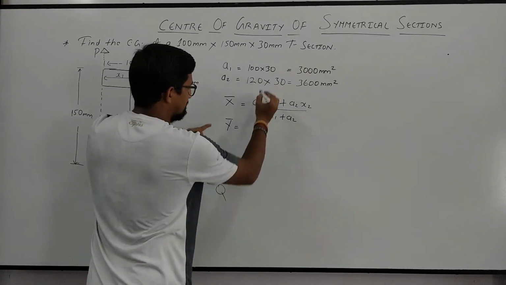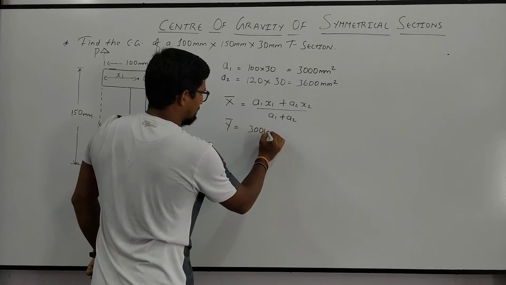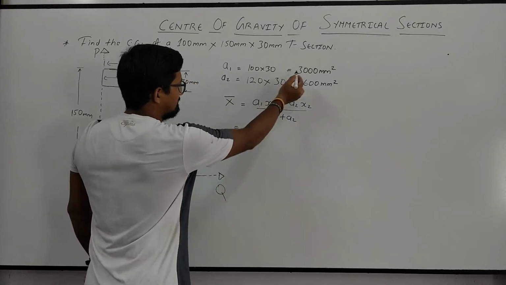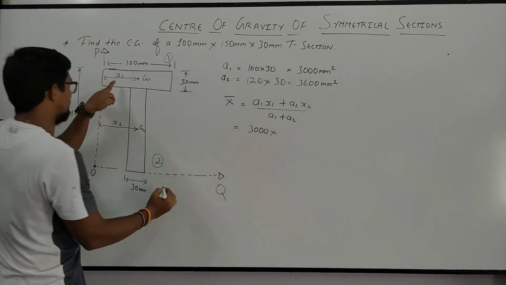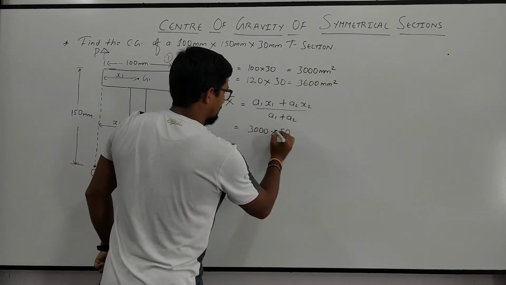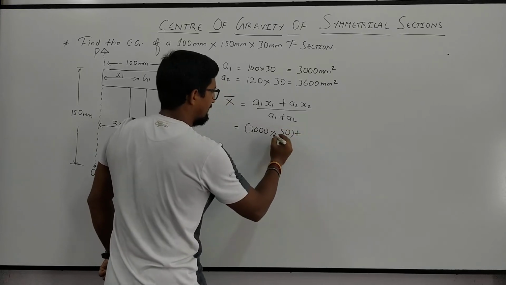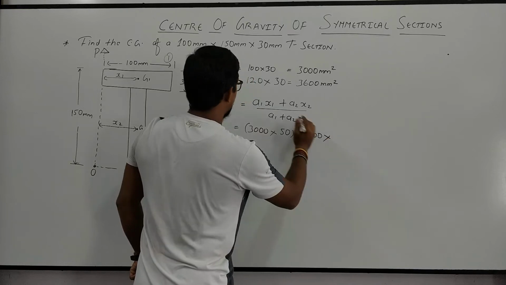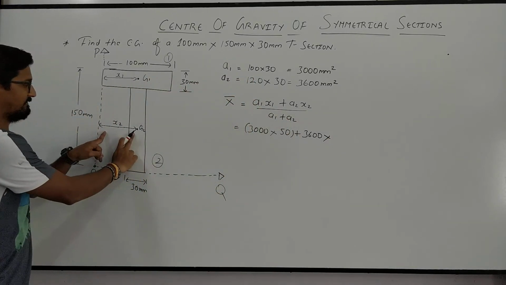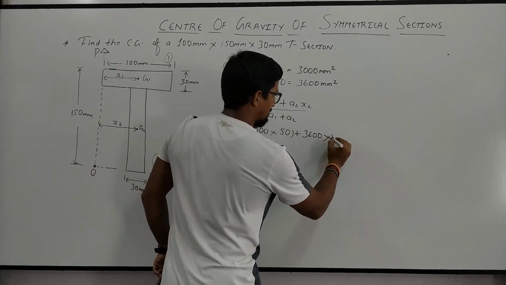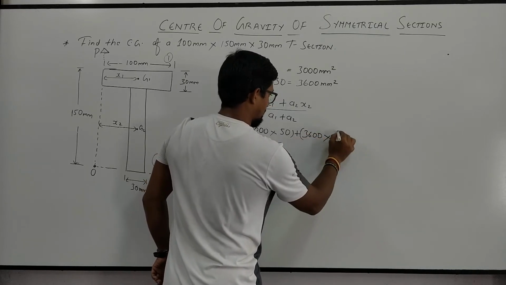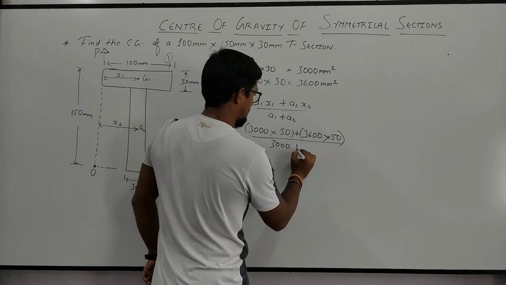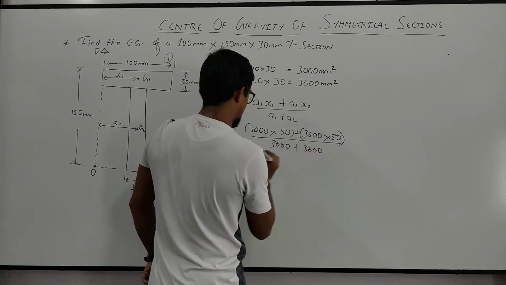First we will calculate this x bar. A1 is 3000, x1 is 50, plus A2 is 3600, x2 is again 50, divided by 3000 plus 3600.